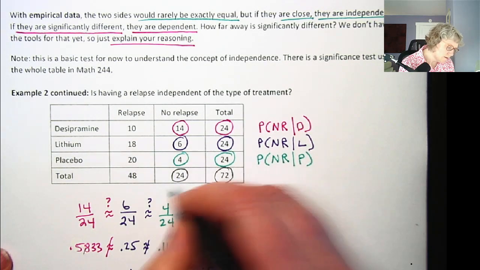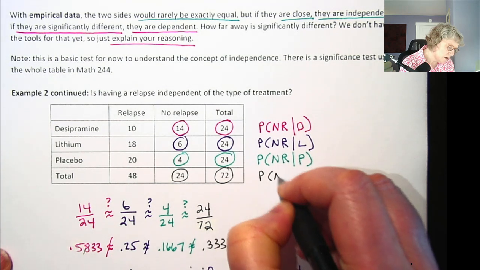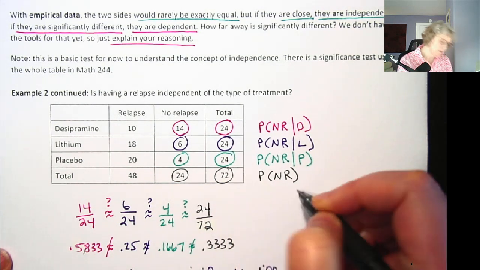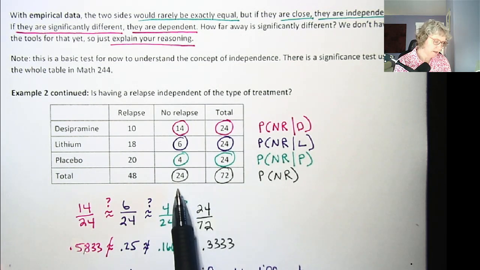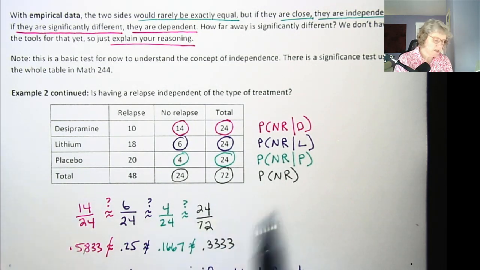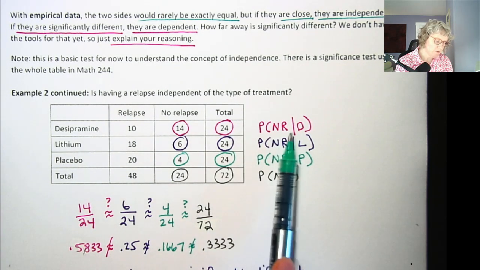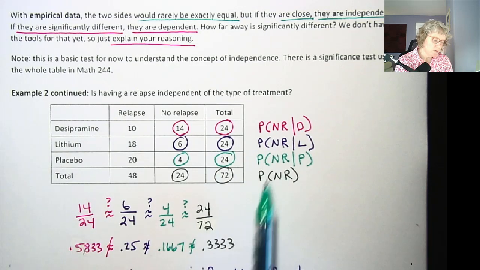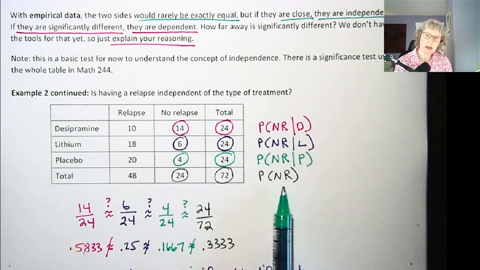And then this last one is the probability of not having a relapse, just period, because it's the total, the marginal probability of not having a relapse. So think of this as the probability of NR given D, or L or P, is that the same or close to the probability of not having a relapse?